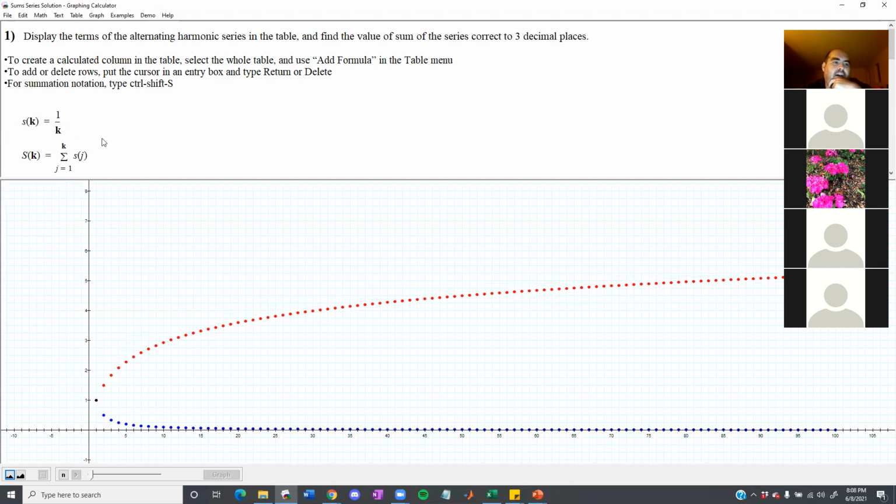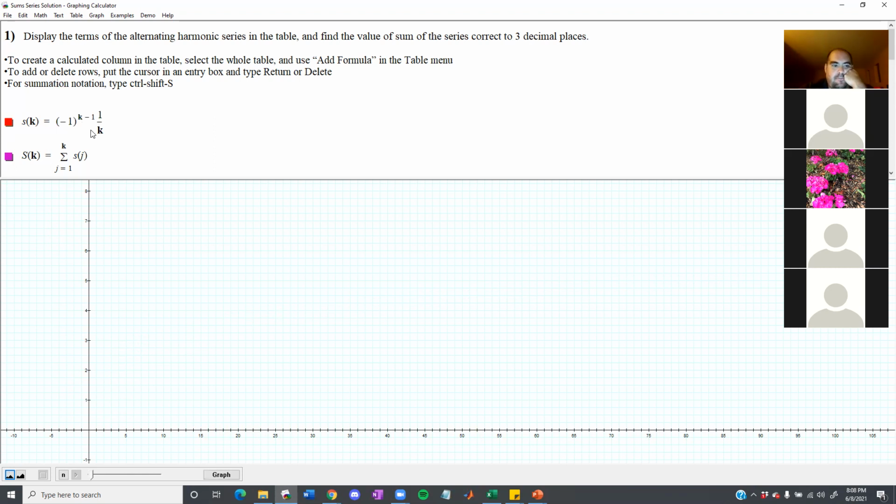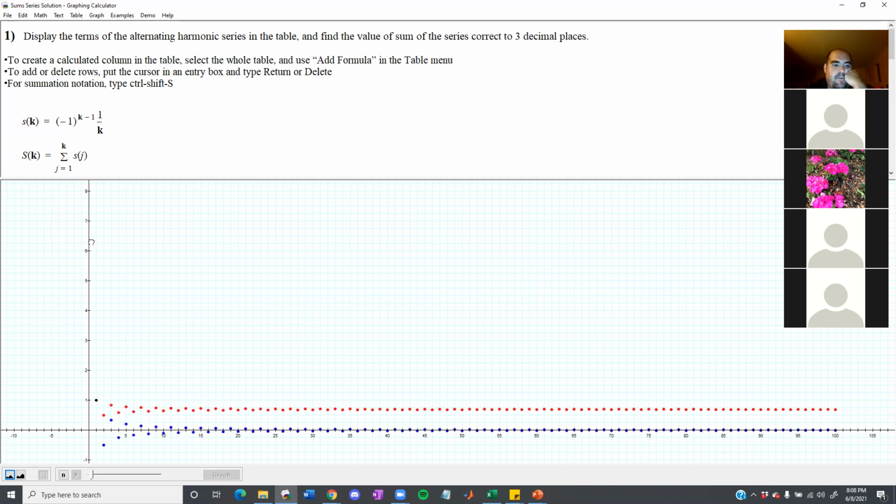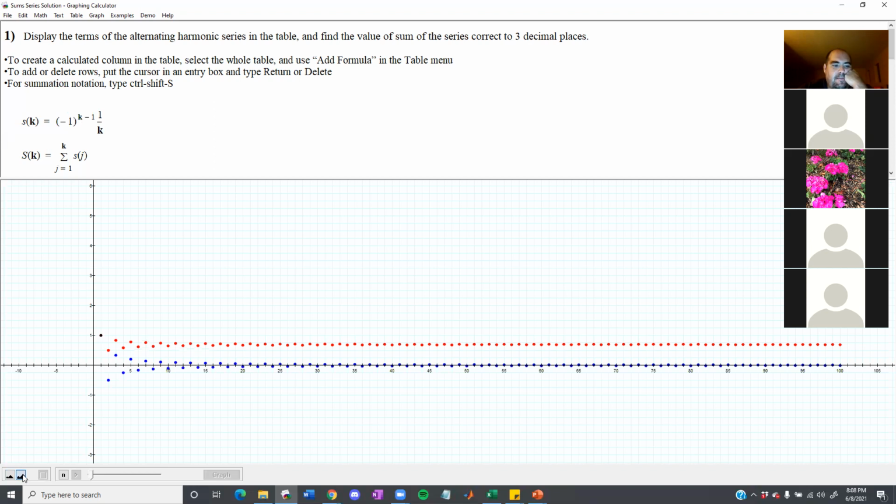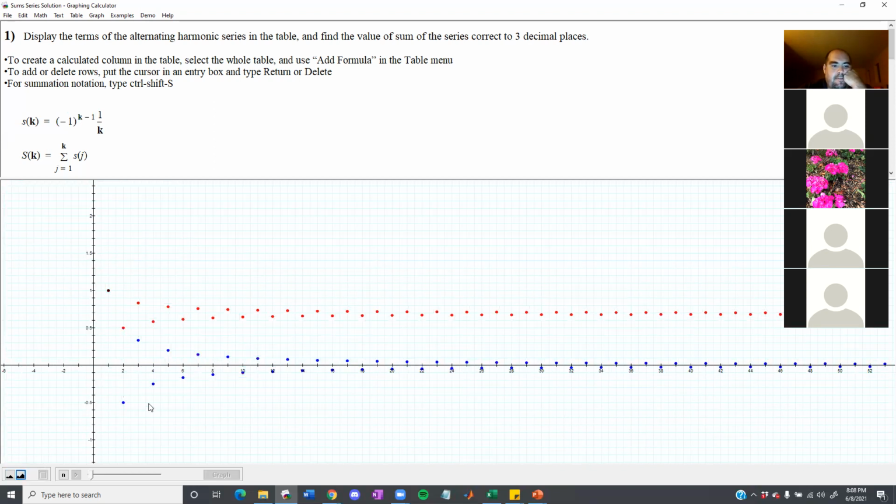But what happens if, instead of making this equal to just 1 over k, I alternate the terms? So now what I have is this. Now to zoom in a little bit. Blue still shows the terms in the sequence. Now they're alternating.